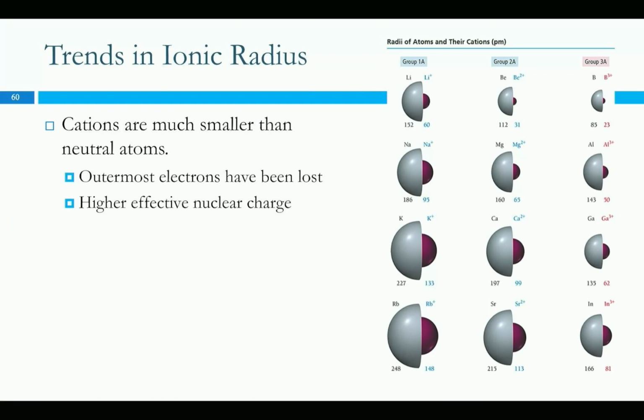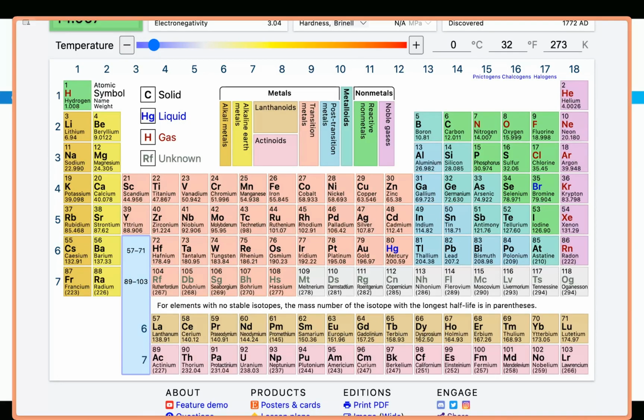We talked about cations being much smaller because we completely lose a principal shell. And on top of completely losing a principal shell, we also get a higher effective nuclear charge. So let's do sodium. You'll probably quickly pick up on the trend for effective nuclear charge. What's the effective nuclear charge for sodium's valence electron? +1.